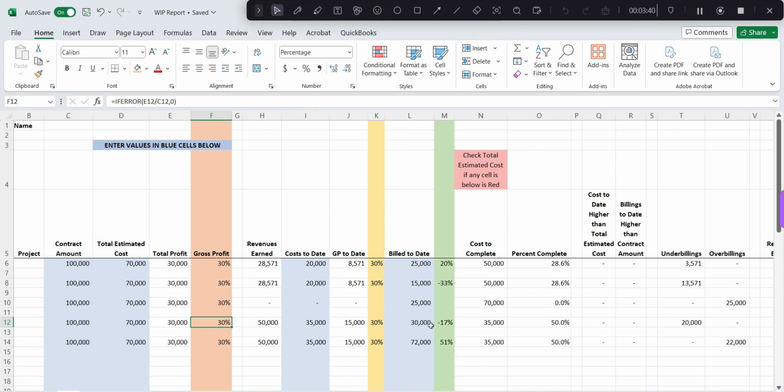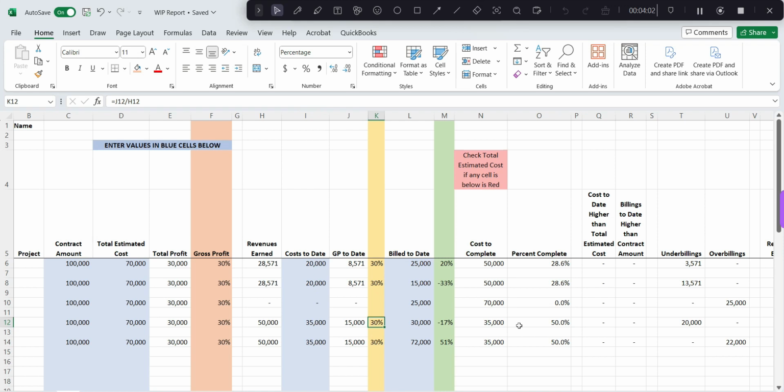We have 30,000 billed. We add our underbillings, and we're at 50,000 revenue earned, which gives us 15,000 in gross profit, which is 30%. So that's the idea, is just maintaining that estimated gross profit throughout the life of the job.